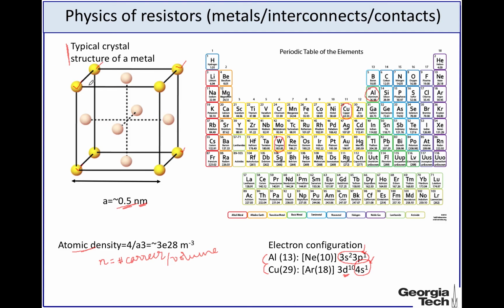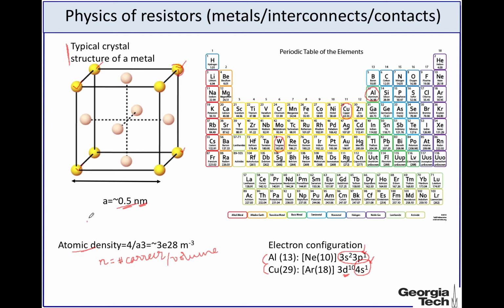So if you consider the cube, how many atoms are actually inside this cube? For each of these corner atoms, only 1/8 of the atom will be inside the cube.